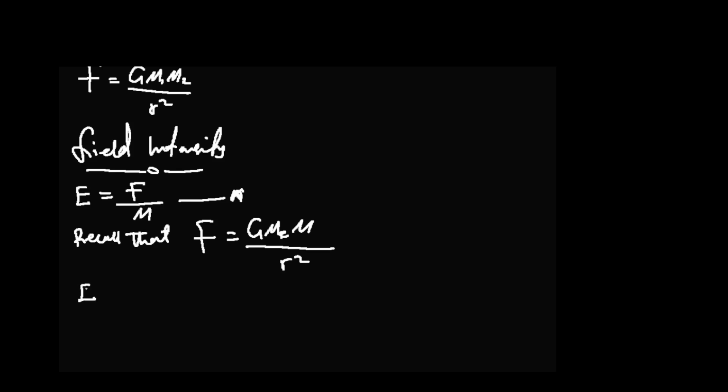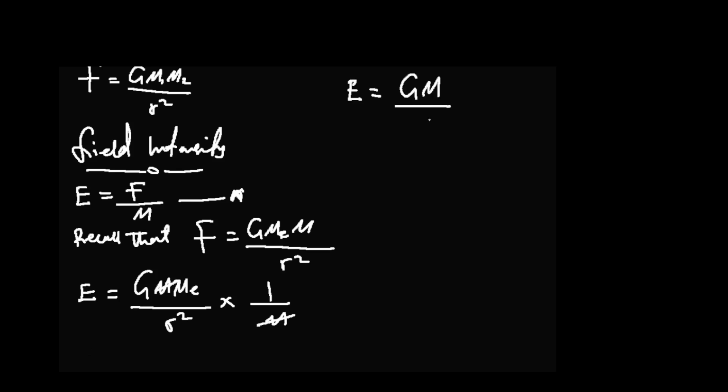You have that E, which is the field intensity, is equal to G M divided by r squared, multiplied by 1 all over m, so that this m can cancel this m. You therefore have that field intensity E is equal to G M all over r squared.